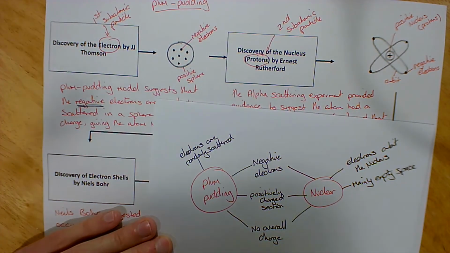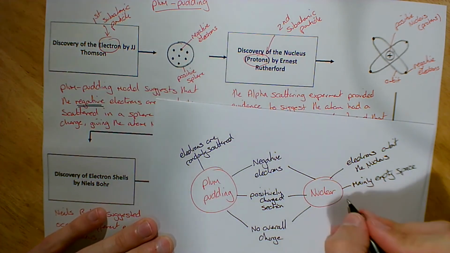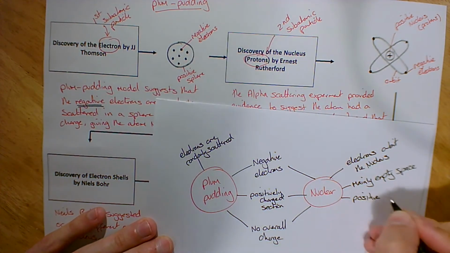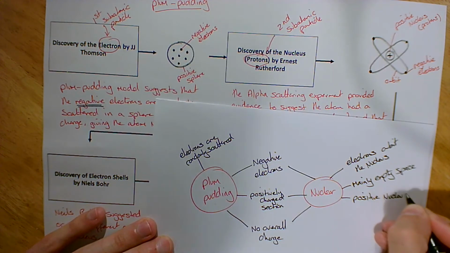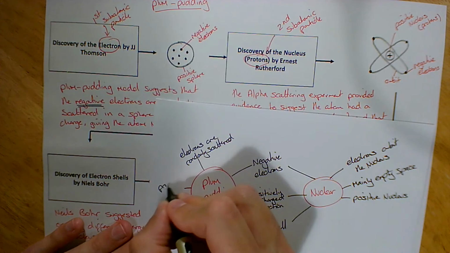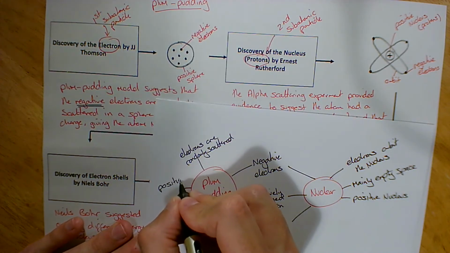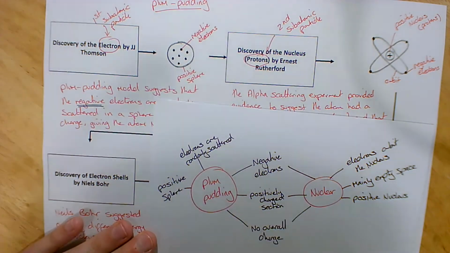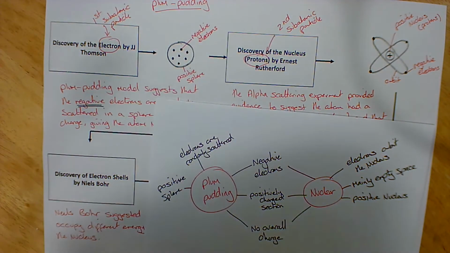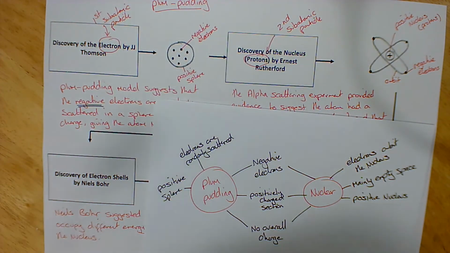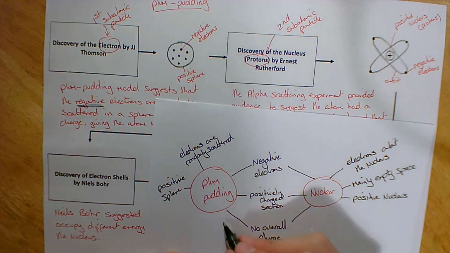We can say that the nuclear model has a positive nucleus, whereas the plum pudding model has a positive sphere. We can also say that neither of them have any neutrons.